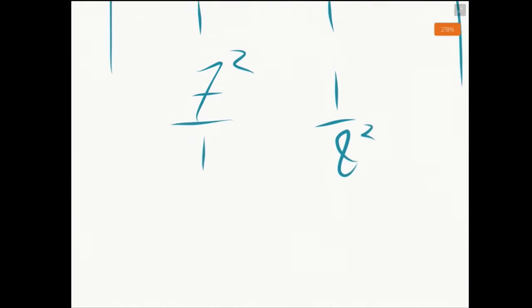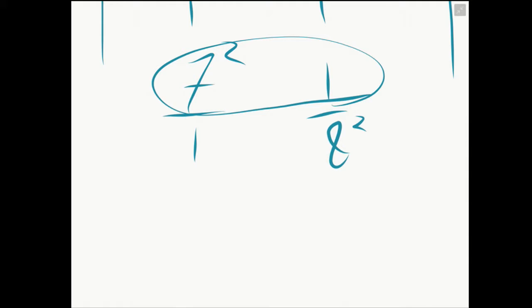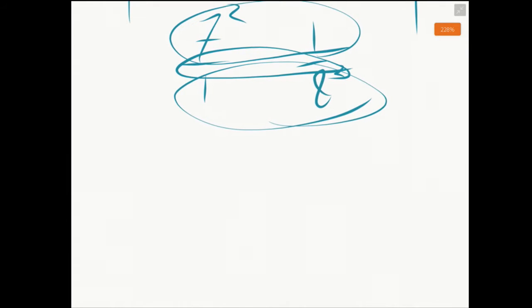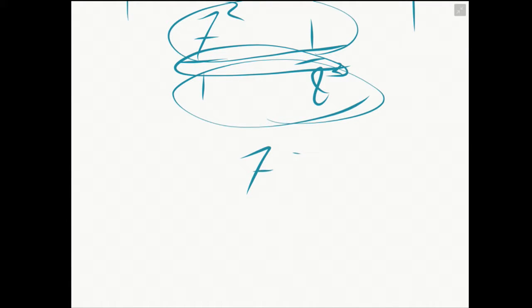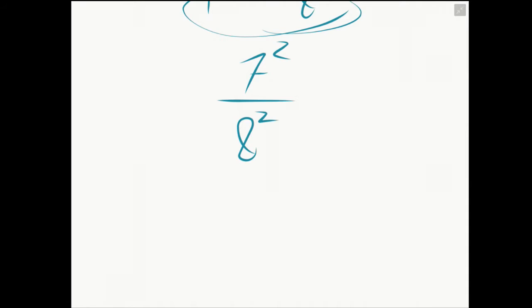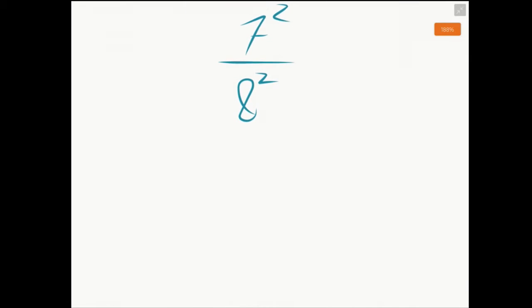This is an interesting fact. These two can multiply, and those exponents can merge. So, 7 squared times 1 is 7 squared, and 8 squared times 1 is 8 squared, right? So we get that. This can furthermore be expressed as a single power.